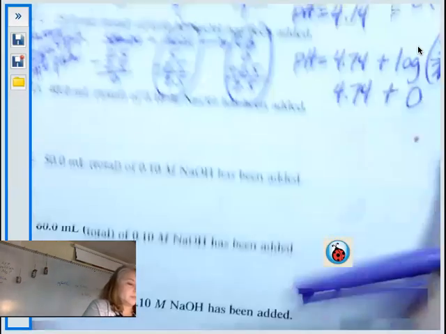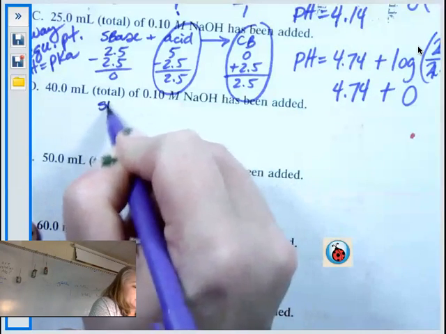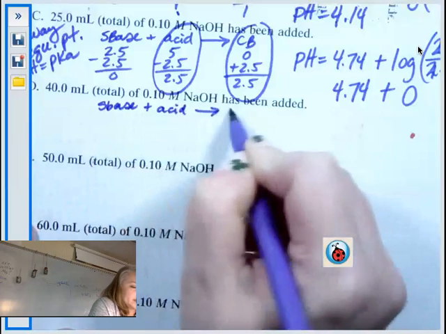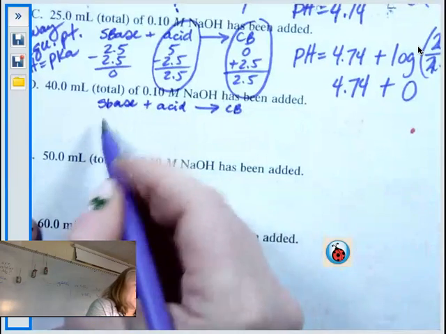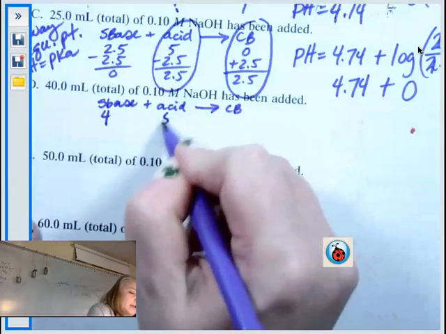Strong base plus acid makes conjugate base. How much strong base do we have now? 4. Acid originally 5.